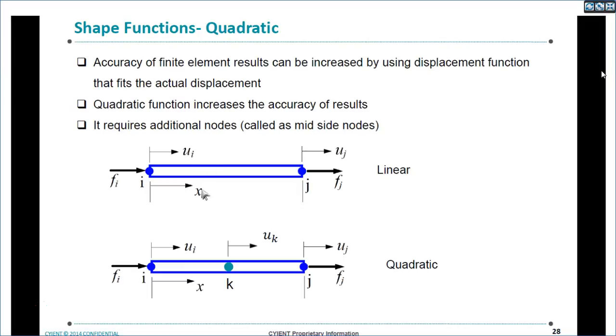This accuracy can be achieved by using quadratic functions. If you see the actual physics, it should be a curvature, but we are assuming it is linearly varying. If you put in a quadratic function, it will capture the actual behavior of the component. So quadratic requires additional mid-side nodes. The basic difference is that it will have a mid-side node and a quadratic function.